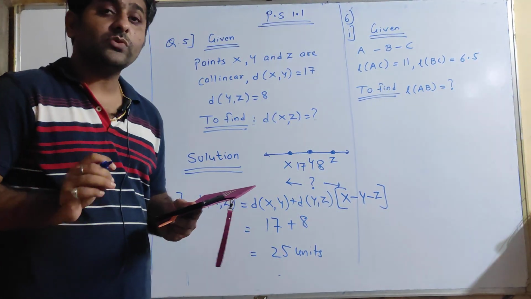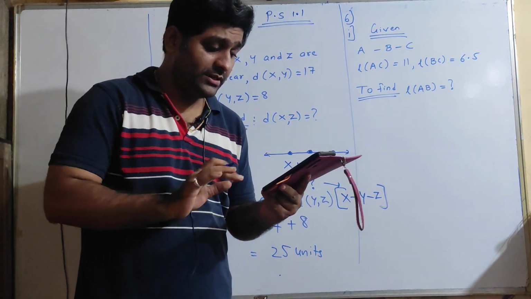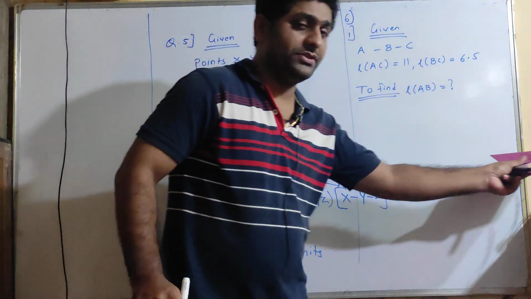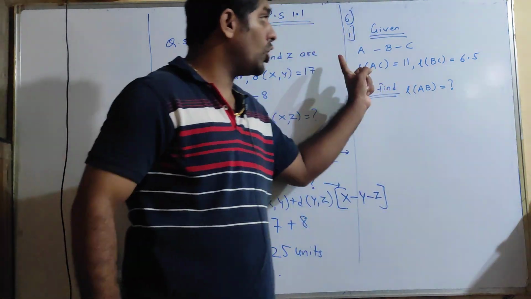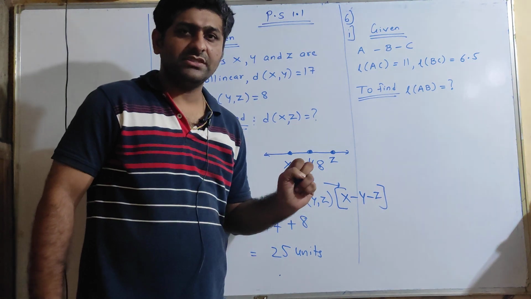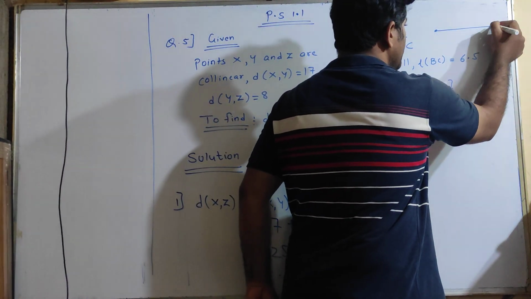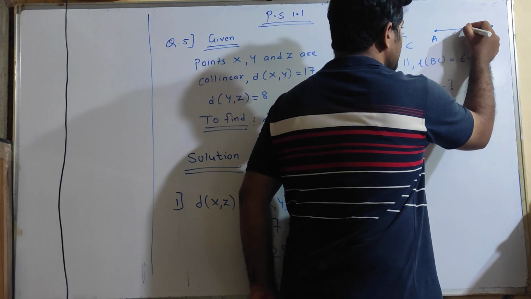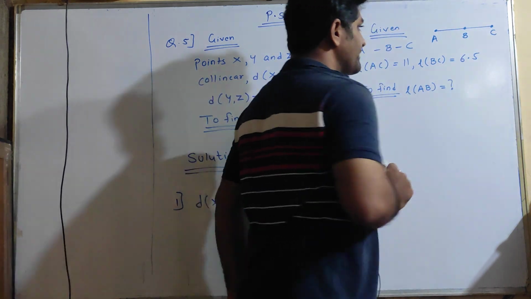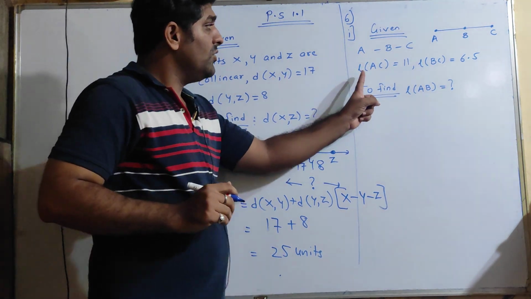Now understand this question number 6 students. They have given you: sketch a proper figure and answer the following questions. It means we have to draw the figure for it. Now we know students, if it is a dash b dash c, how to draw the figure. Let's draw a segment over here and it is a dash b dash c, right? Let's write down the values into it. What is given?